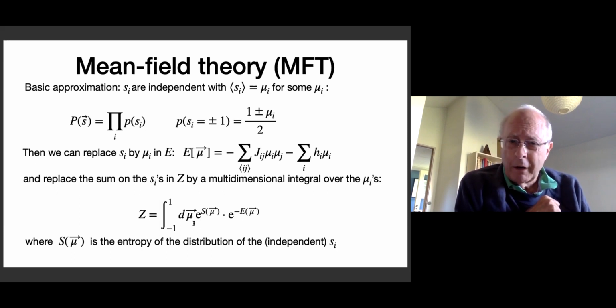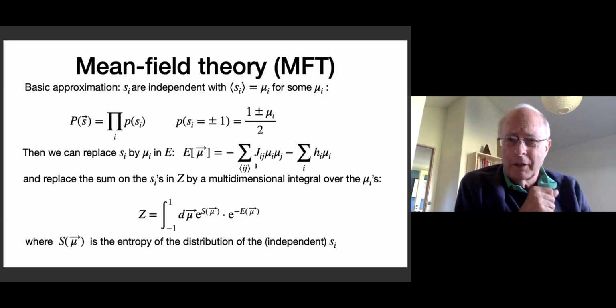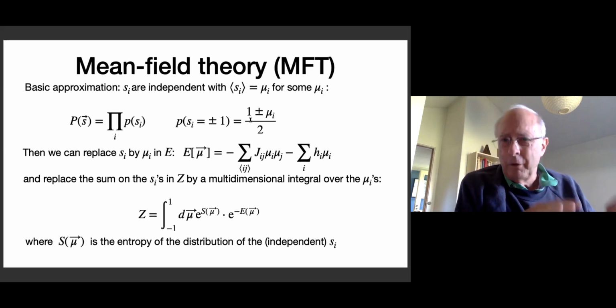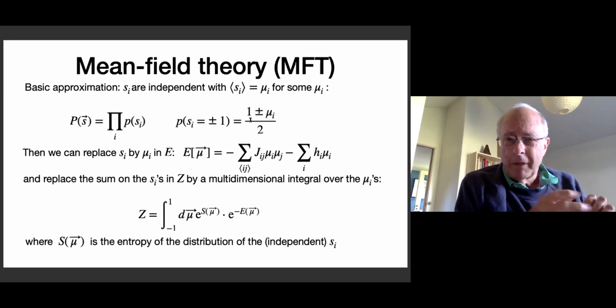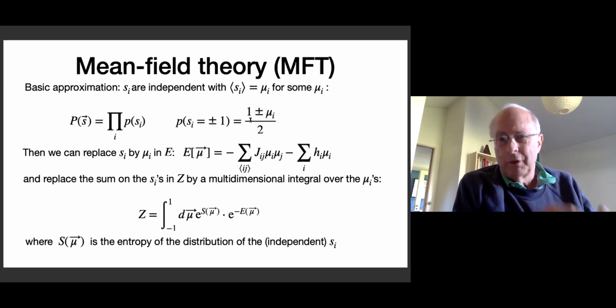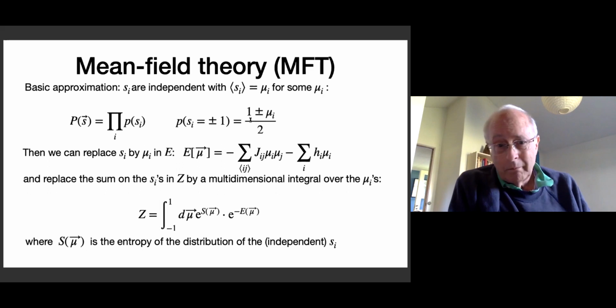But I don't want to integrate over them with equal probability, because consider the case where almost all the mu's are very close to 1. Then there's only a few such configurations. So that thing should be weighted very weakly. Whereas if the mu's are all about a half or something, then there are roughly 2 to the n configurations that have that kind of mu.